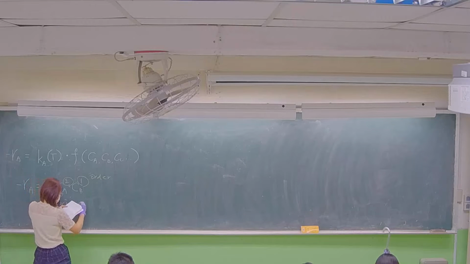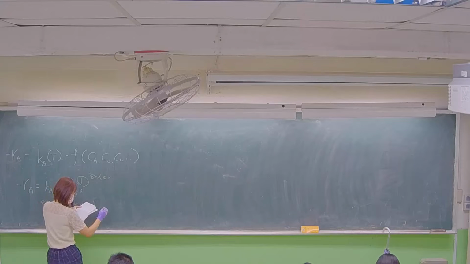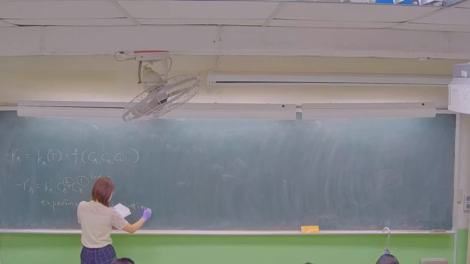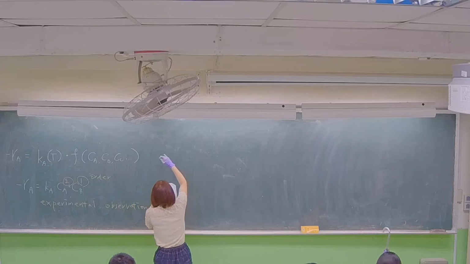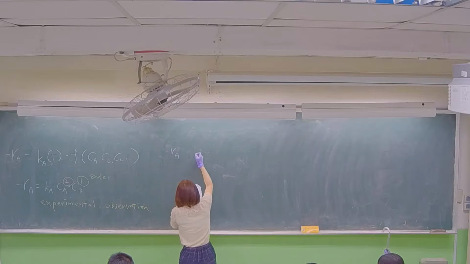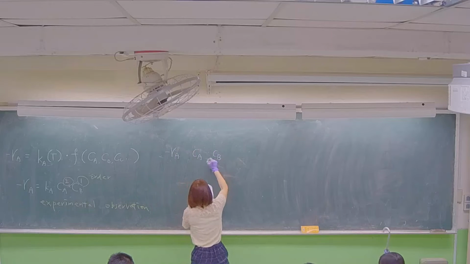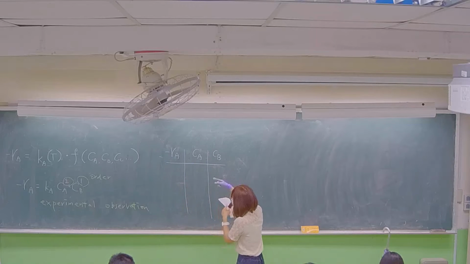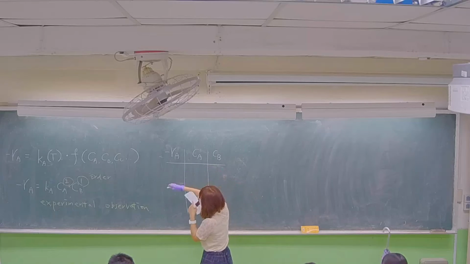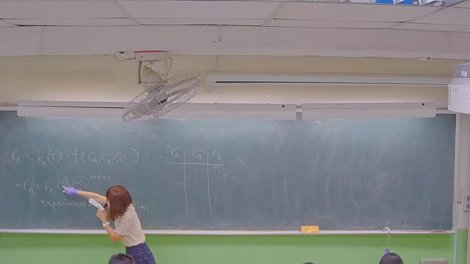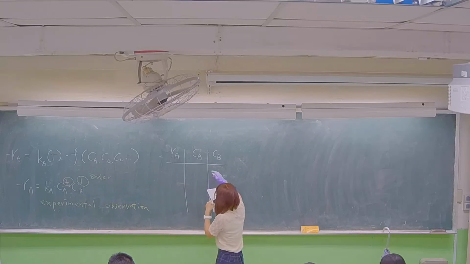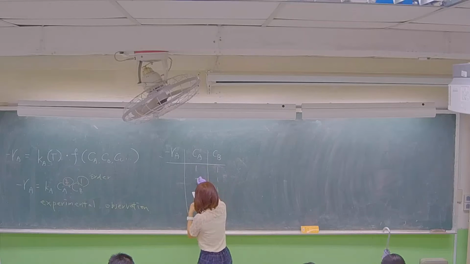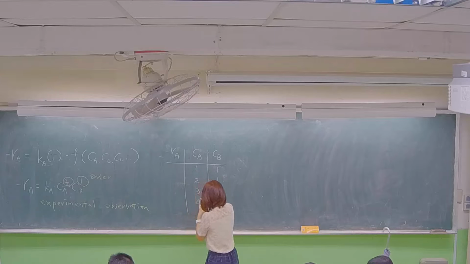You do a lot of experiments and you have a lot of data. So it is like you measure minus RA, you have some concentration A, concentration B, right? So, for example, we want to find the order for Ca. So I keep Cb the same, right? And maybe Ca is like this.